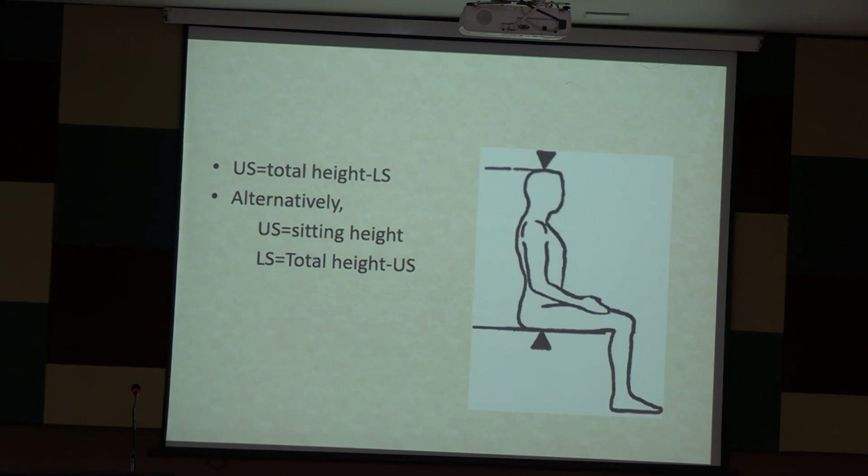If we take the measurement from here till the heel and subtract the stool height from the total height, we get the sitting height, the height between these two arrows. So this sitting height is equal to the upper segment, and by subtracting the upper segment from the total height, we can get the lower segment.